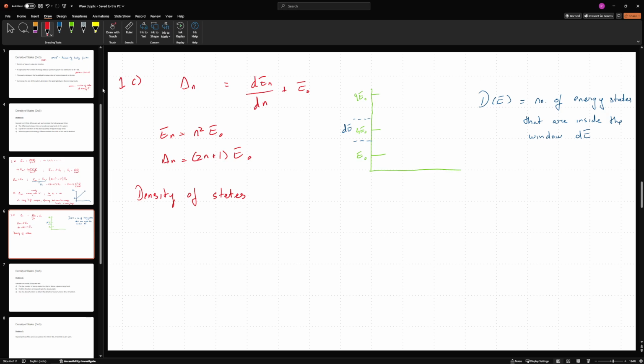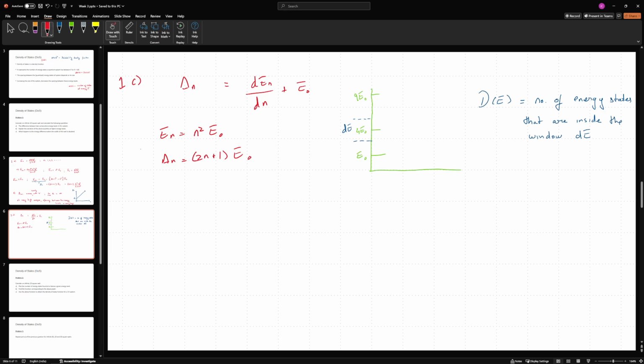I'm defining a small area or volume and asking how much mass or how much charge is present inside this area or volume. So density of states alternatively can be asked in the same way. Yes, alternatively, I can do this.